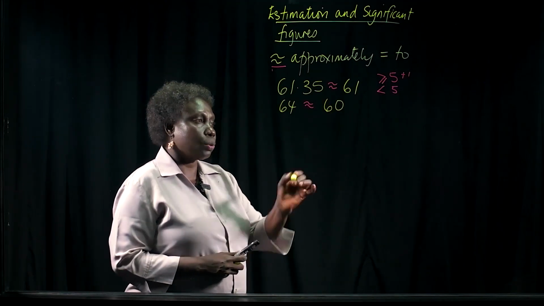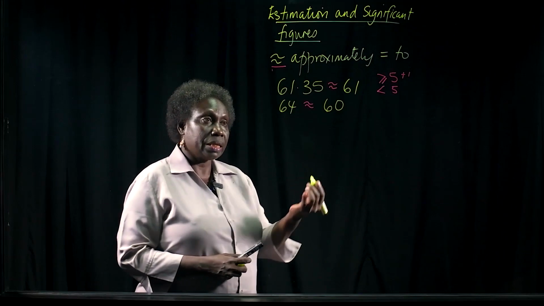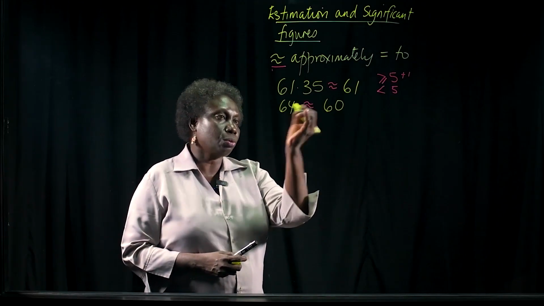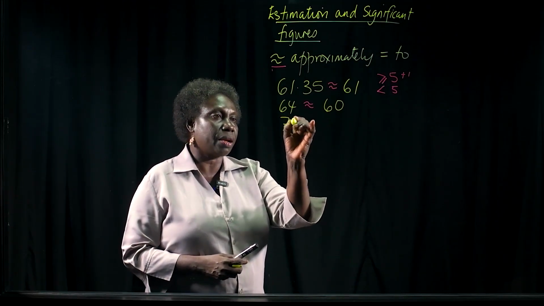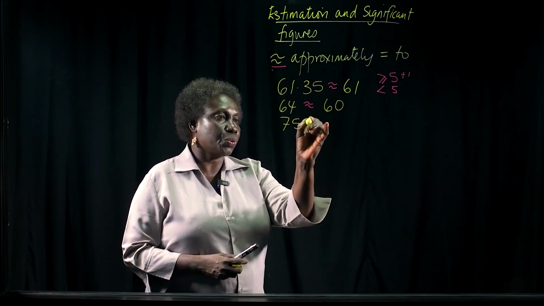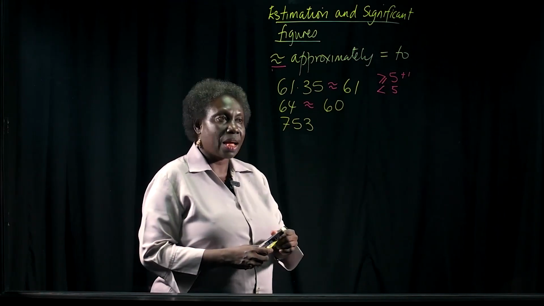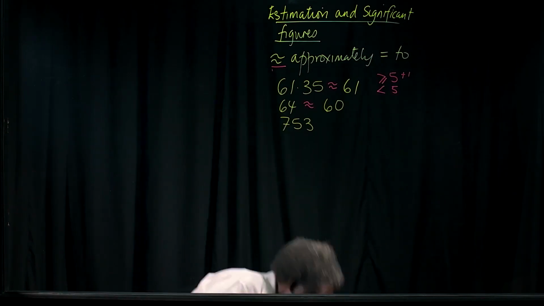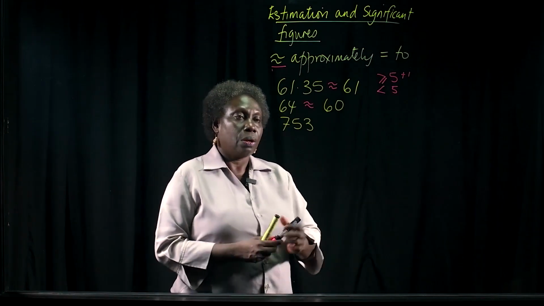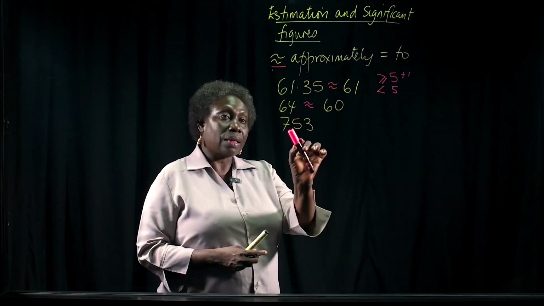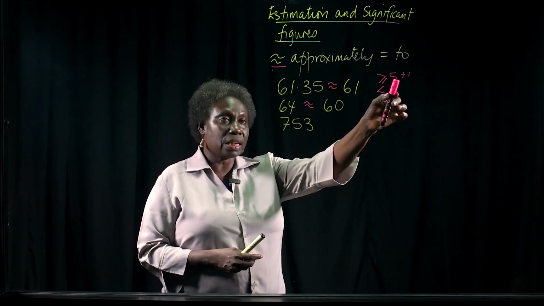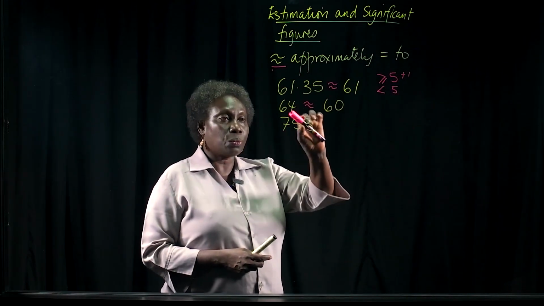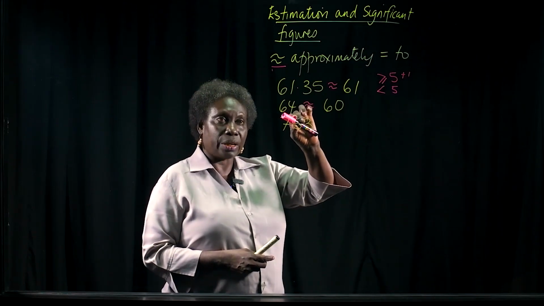Now, let's look at one which is in the hundreds. We want to round 753 to the nearest 100. If it is in the hundreds, we look at the tens. If the tens is 5 or greater, then we add 1 to the hundreds value.